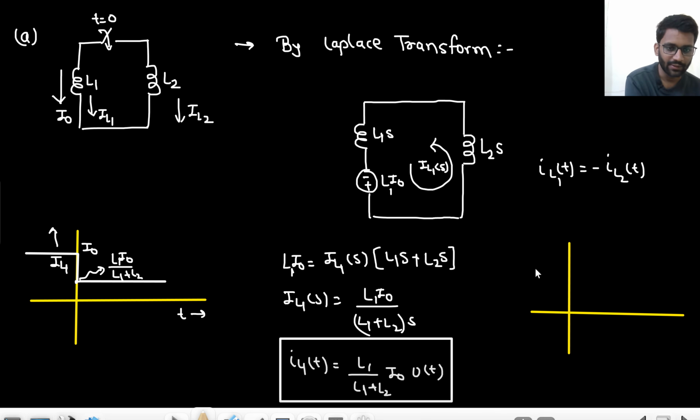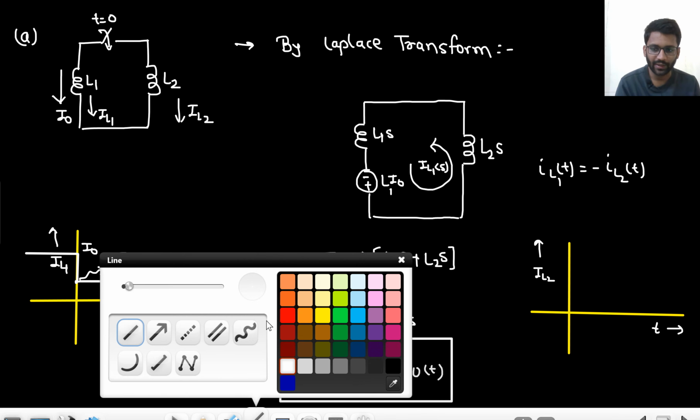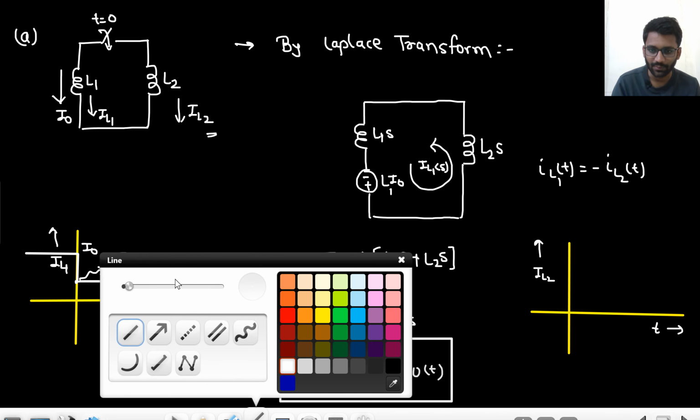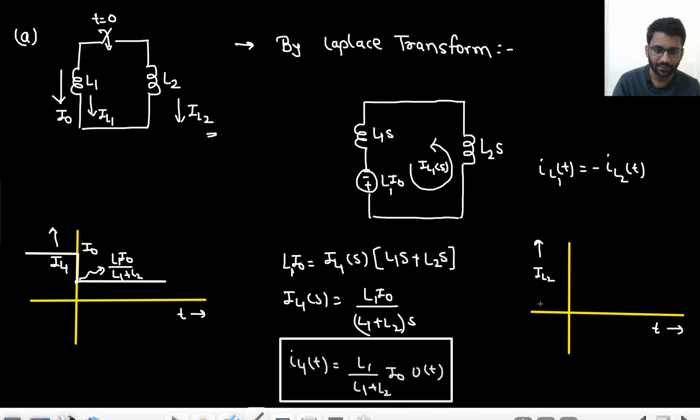And what about IL2? It is going from 0 to a negative value, right? Because actually IL2 is flowing in this direction, but we are marking it in this direction. As per the sign, this IL2 is given like this, but actually the current is flowing in the other direction, so that's why we have to make it negative.